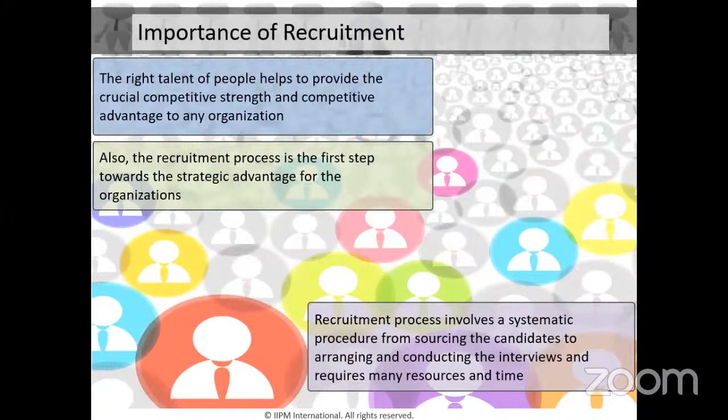The right talent of people helps to provide a crucial competitive strength and competitive advantage to any organization. Also, the recruitment process is the first step towards strategic advantage for the organization.